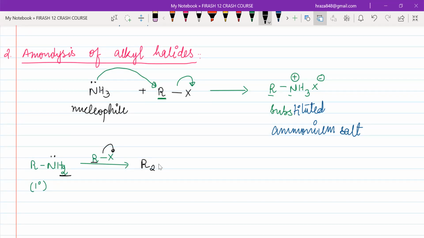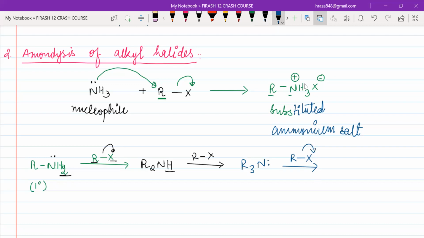So here it will be R2NH, and X and the H that is substituted by R will form a byproduct HX. Again, RX will be reacting with this. Again, you are going to replace this hydrogen with R, so it will be R3N, and this has a lone pair from the starting. And again, if you are going to do this with this, you can see there is no hydrogen. So what will happen?